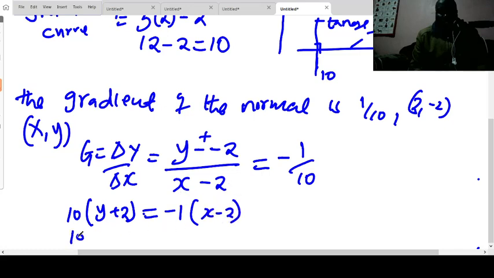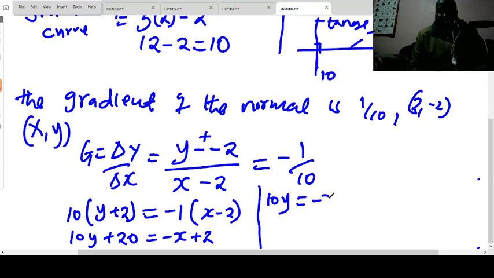So this is 10y plus 20, which is equal to -1 times x is -x, and -1 times -2, the answer is +2. So from there, we put like terms together, we will have 10y is equal to -x.